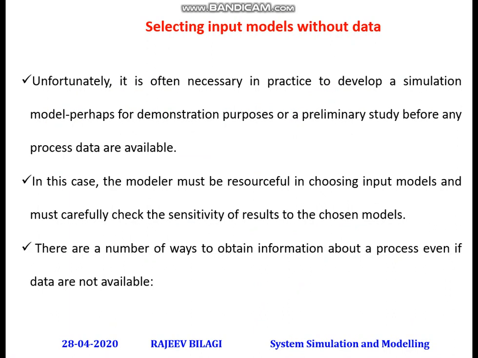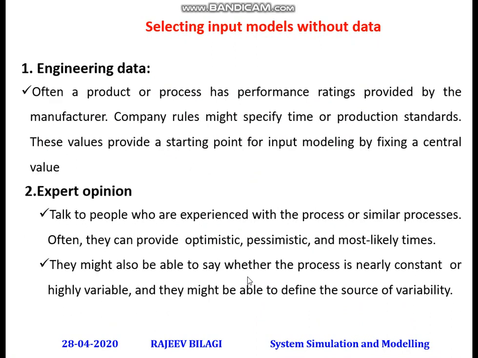Usually, when the data is not available, there are many ways to obtain information about the process. One is engineering data, which normally we are doing now. Often a product or a process has a performance rating provided by the manufacturer, so based on this you can get certain data. Another important point is experts' opinion.